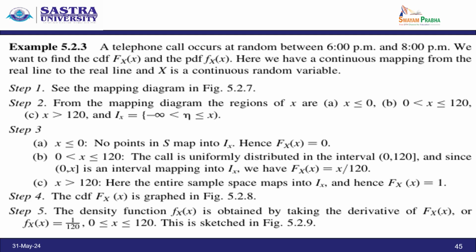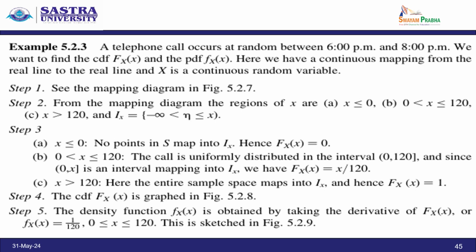From the mapping diagram, the regions are x less than or equal to 0, x between 0 and 120, and x more than 120, over the range minus infinity to x. So, these are all the possibilities of the mapping. Suppose x is less than or equal to 0, then obviously there is no point because it is negative, there is no negative probability, therefore F_X of x equals 0 in the cumulative distribution function.